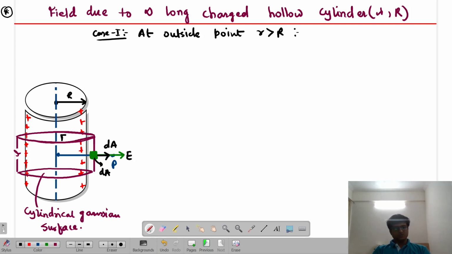And if I consider a small area on the circular surface, then the flux is... how come the electric field vector is perpendicular? Means you are saying that there are no charges on the circular surface.